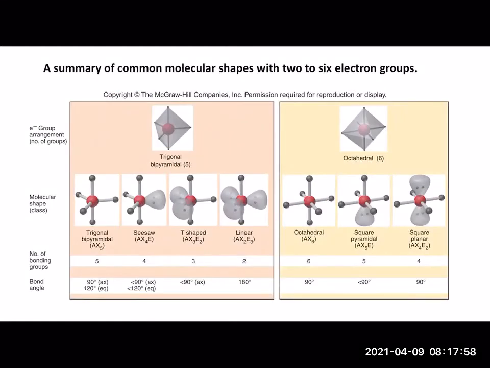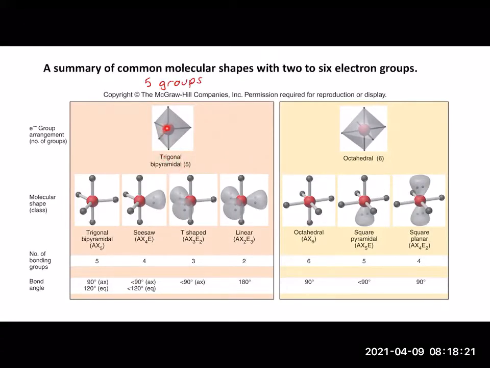So now let's look a little more at 5 and 6. These are the ones that have to break the octet rule. When we have 5 groups, we end up with something called trigonal bipyramidal.